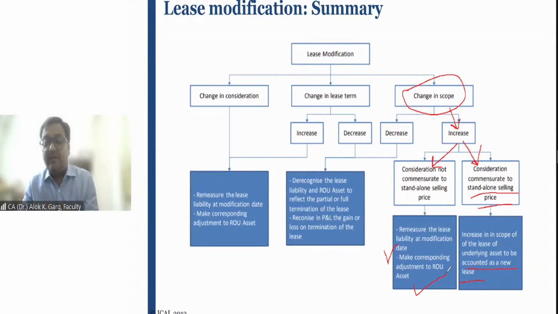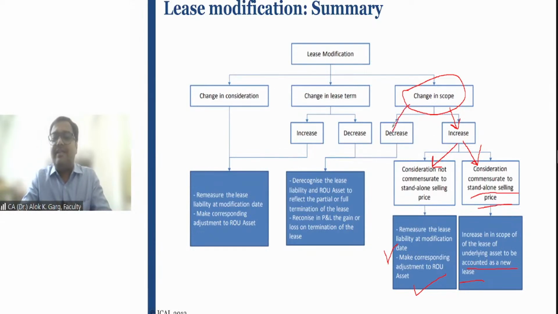So after 2 years, you are required to remeasure your lease liability. And whatever increase or decrease in lease liability there is, your ROU asset needs to be debited or credited by that value. Right? We will discuss one of the examples. Okay.